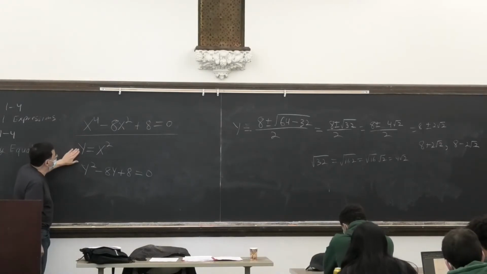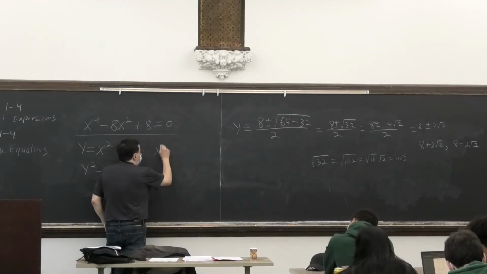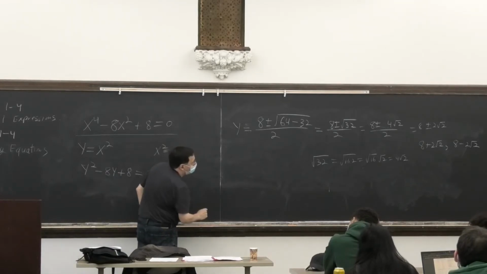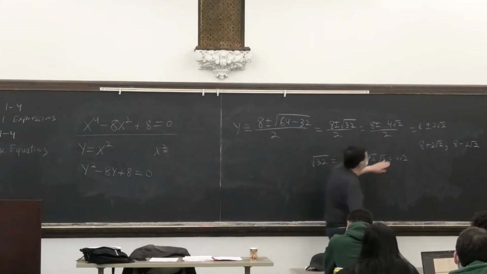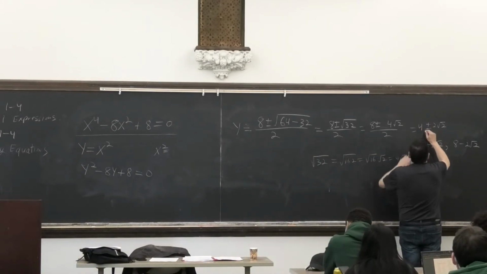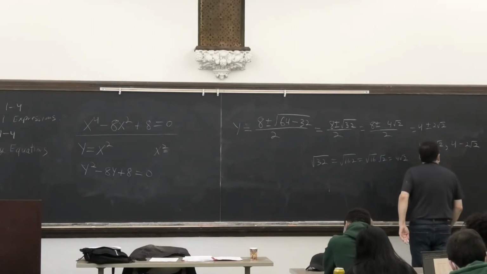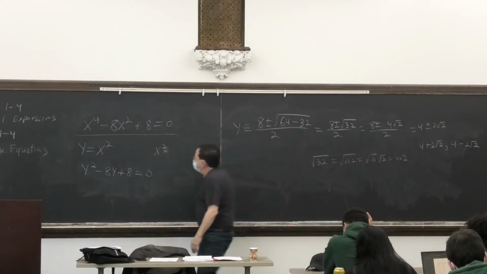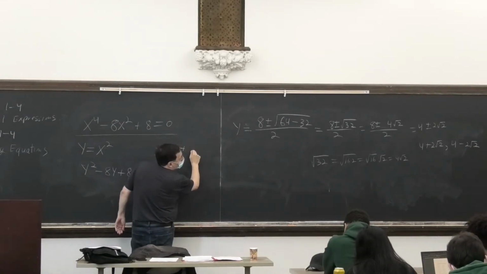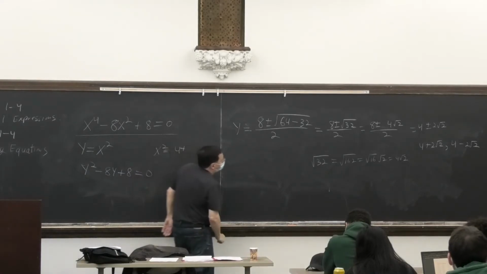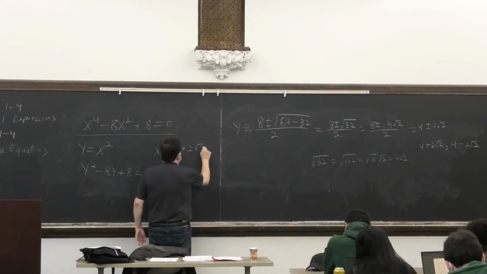That's okay, because we can plug each one of those solutions in here and say x squared equals, what did I do here? What do you even say? My right hand doesn't know what I'm saying. 4 plus 2 square root of 2.